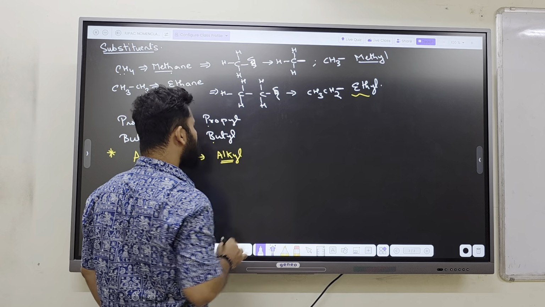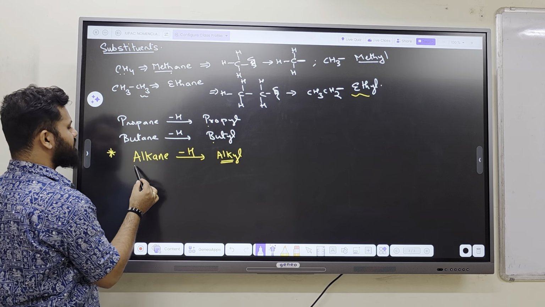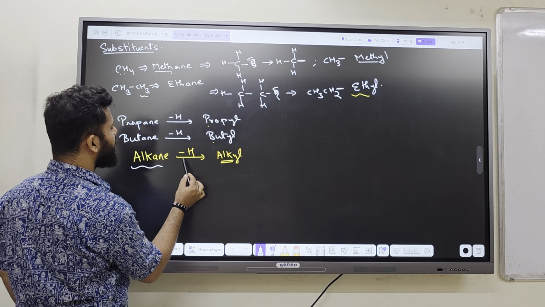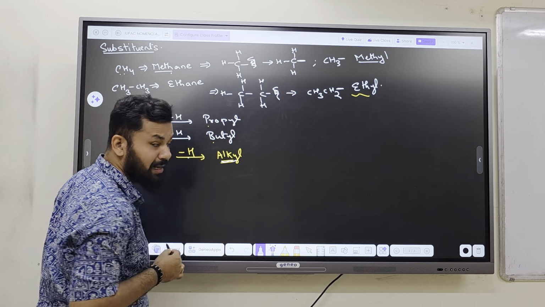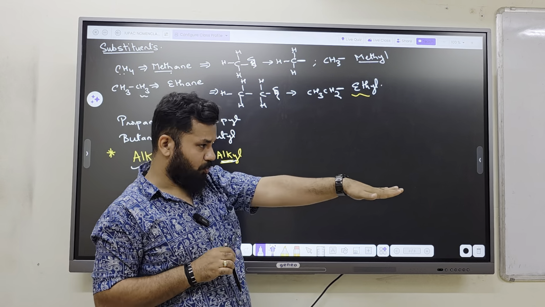So this is how we go about with substituents. There are a few more substituents. The most commonly known substituent is from alkane, we remove one hydrogen, we get alkyl. These substituents have one valency free, and with that valency, the substituent is going to hold the parent carbon chain.